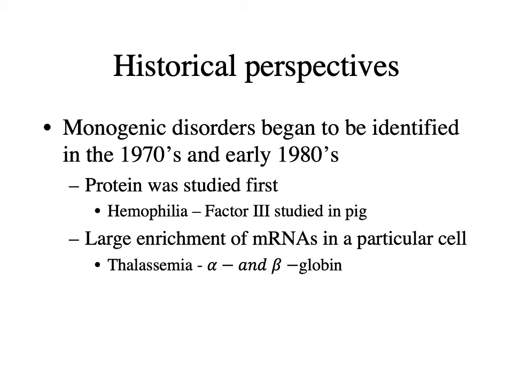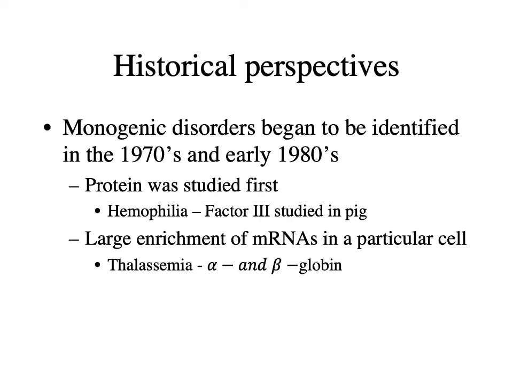Factor VIII had been extensively studied in the pig model system. The protein had been purified to homogeneity, which enabled the isolation of the gene encoding pig factor VIII. Subsequently, the human homologue of pig factor VIII was isolated using the pig gene as a probe.